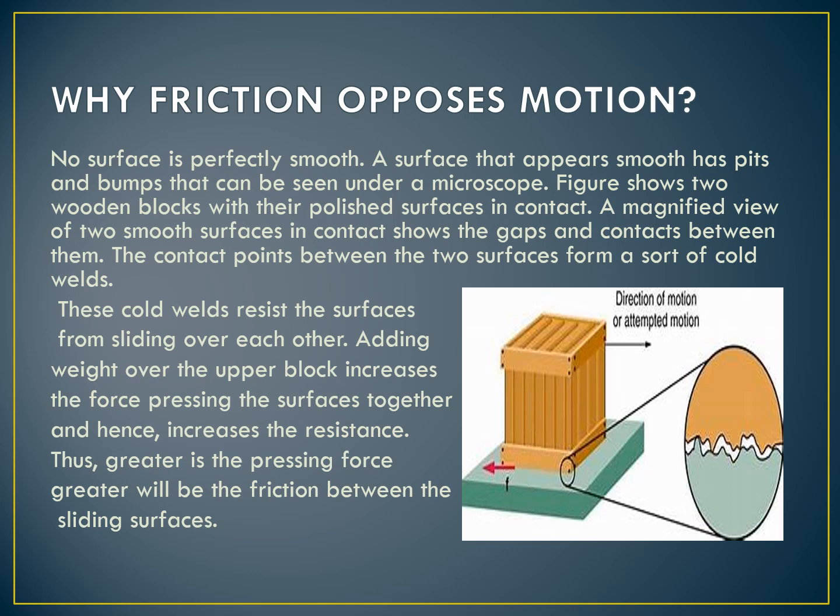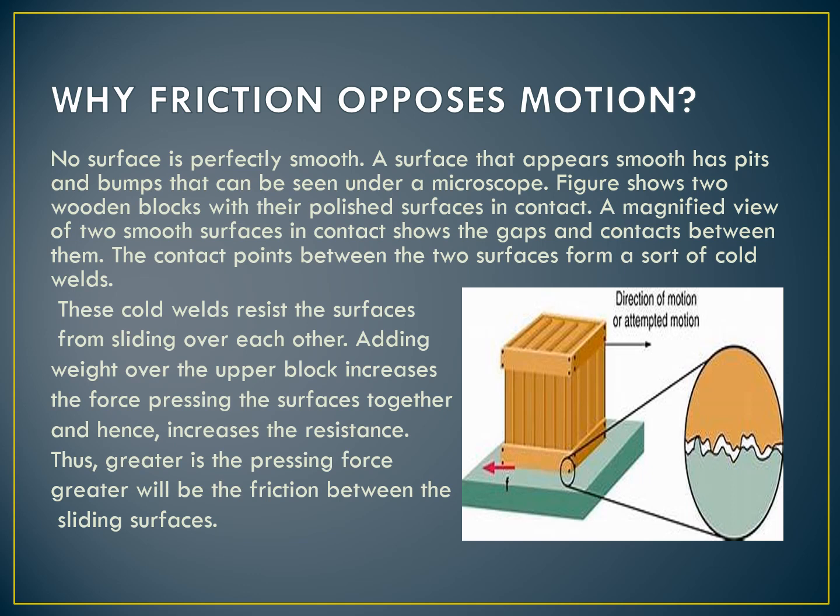Now, while learning more about friction, there comes a question: why does friction oppose motion? For the answer to this question, if we observe a polished smooth surface under a microscope, then we come to know that no surface is perfectly smooth, and even a polished surface has bits and bumps over it.